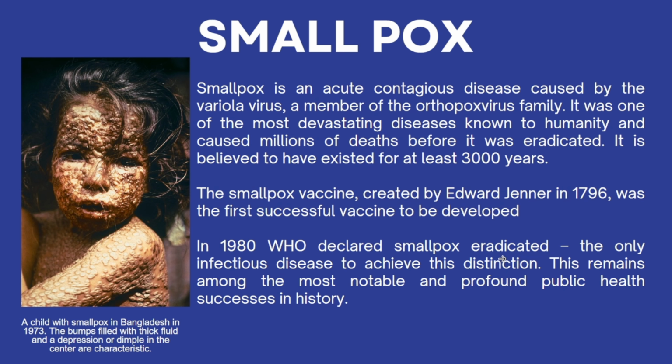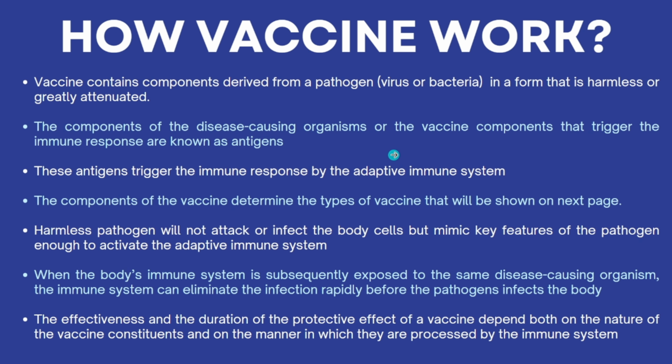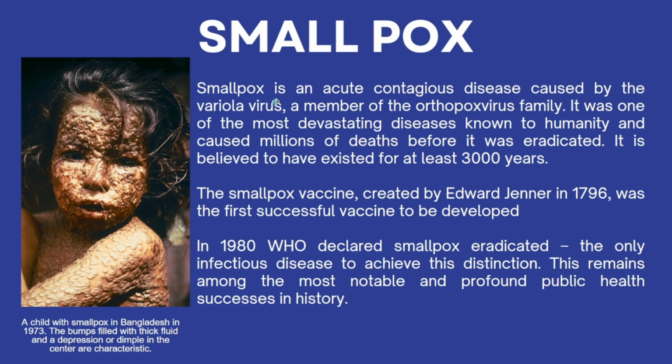One of the factors is the vaccine. The first objective of discovering a vaccine was actually to prevent smallpox. The first disease used to develop a vaccine was smallpox. So that's why smallpox could be eliminated in the world.